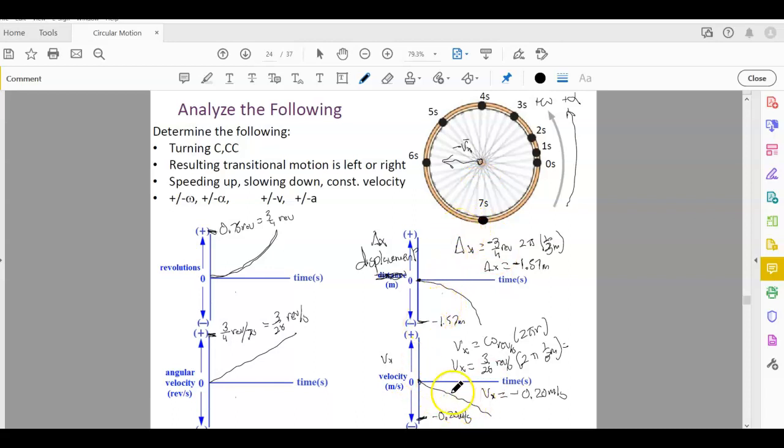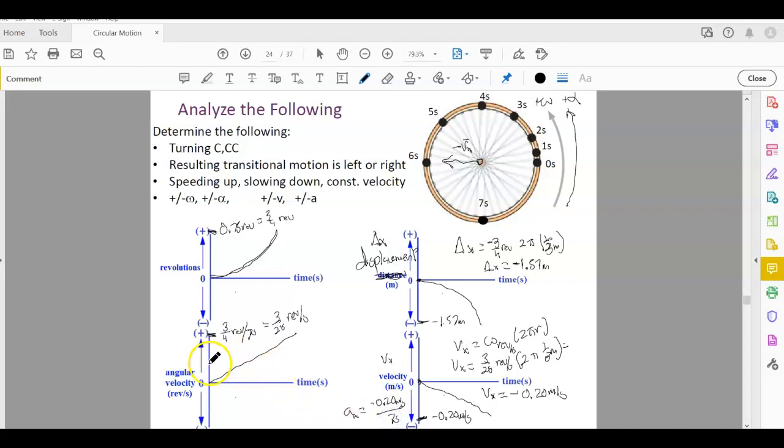Incidentally, the slope of this line is the acceleration. So we could get that from the time, the delta x, and the final velocity and the initial velocity pretty easily. It would just be this velocity divided by time. So the linear acceleration in the x direction would be negative 0.20 meters per second divided by 7 seconds.